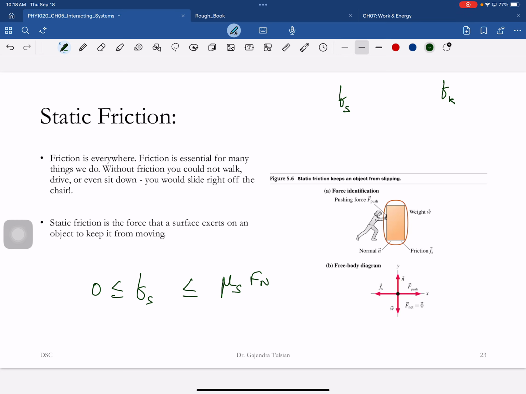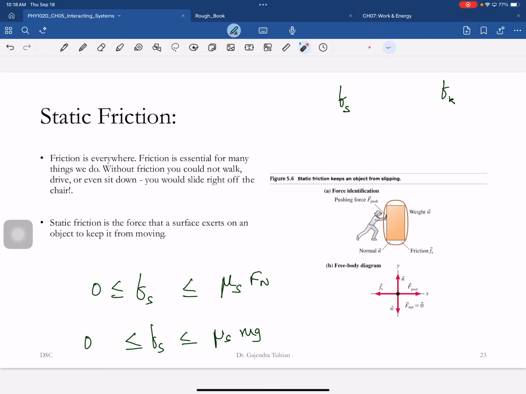Here's your weight, and there's the normal force. When nothing is pushing you down, the normal force is just your weight. And so the maximum static friction force is mu s times your weight, mass times gravity.